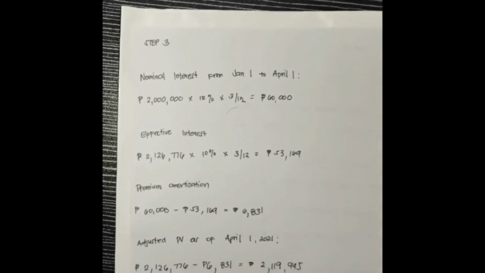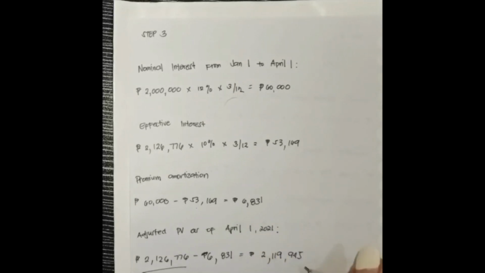This 2,126,776 pesos is our total PV as of January 1, 2021. This 6,831 pesos is our premium amortization. So that is our step 3.